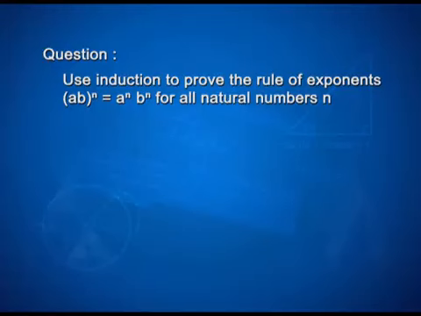Now, we should solve a question using mathematical induction to prove the rule of exponents: ab whole raised to n is equal to a power n into b power n for all natural numbers n.